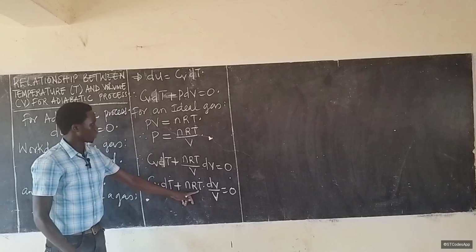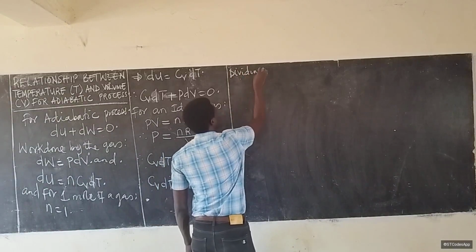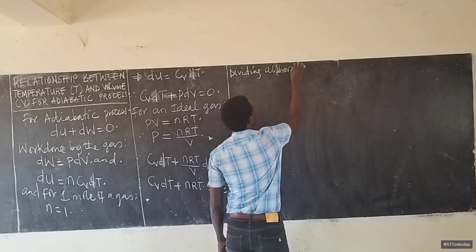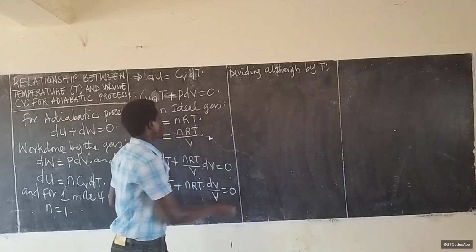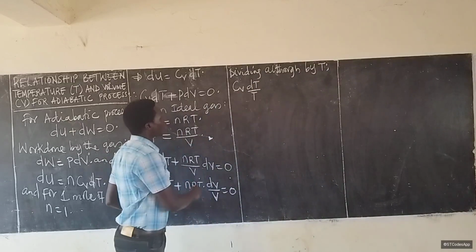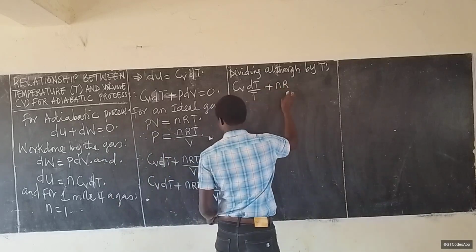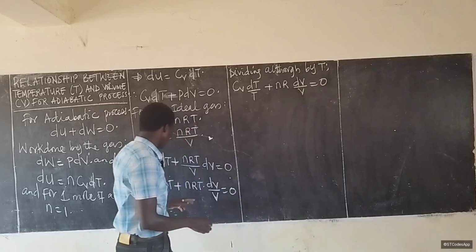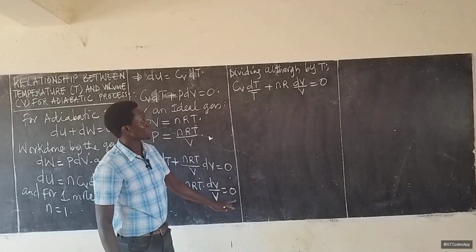I can divide all through by T. Dividing all through by T, we shall have Cv dT over T plus nR dV over V equal to 0, because the T which is here, when divided, cancels itself, and if you divide the right side by T, it also remains 0.